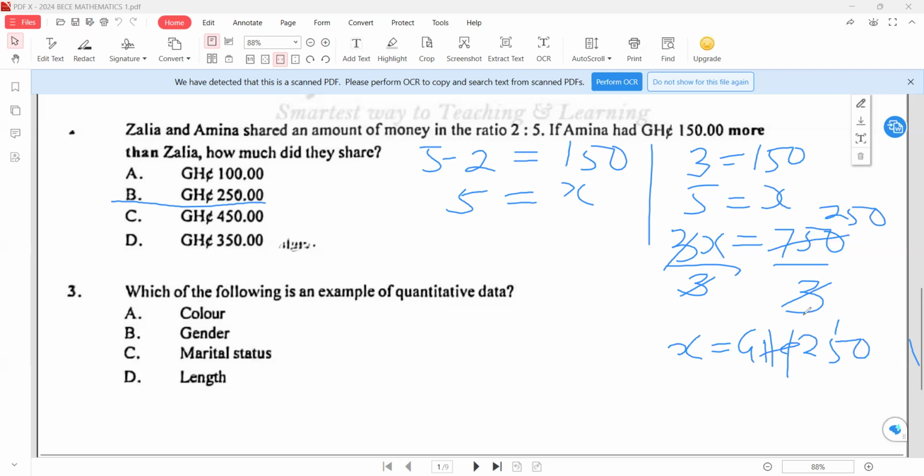Gender, male or female, is also qualitative. Marital status, whether married or single, is also qualitative. Length can be numerical, in numbers. So an example of quantitative data here is going to be length.